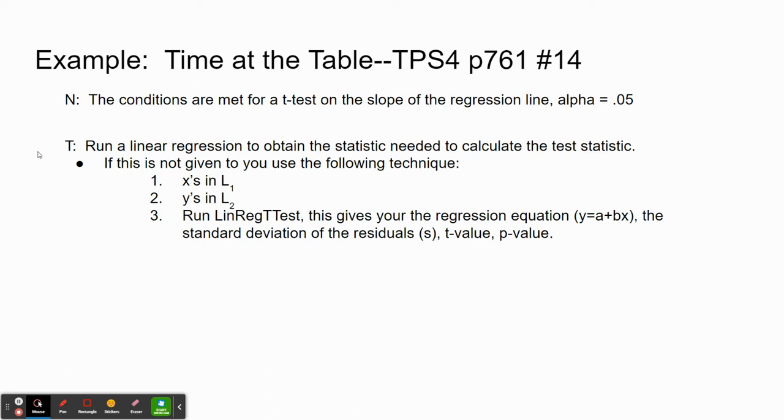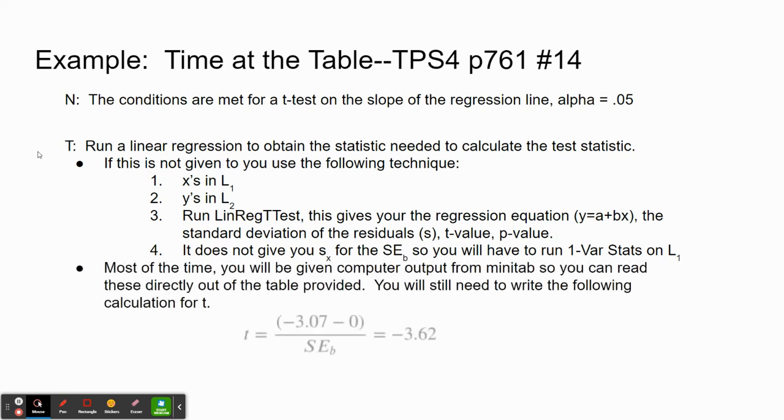And if you have a stat wizard, you get to pick whether it's not equal to 0, or greater than 0, or whatever. It doesn't give you the standard deviation of x to calculate the standard error of b. So if they ask you specifically for the standard error of b, remember, we already got the t value, so we already have what we need for that equation.